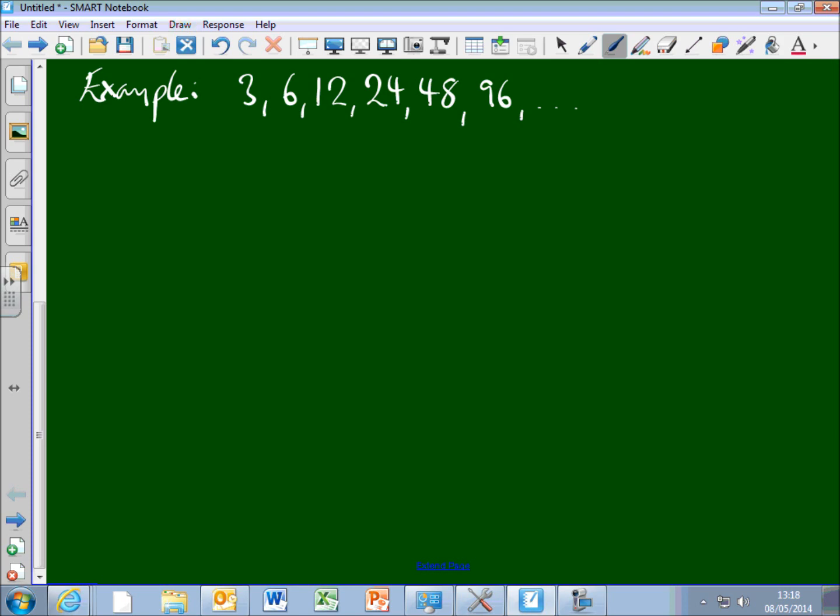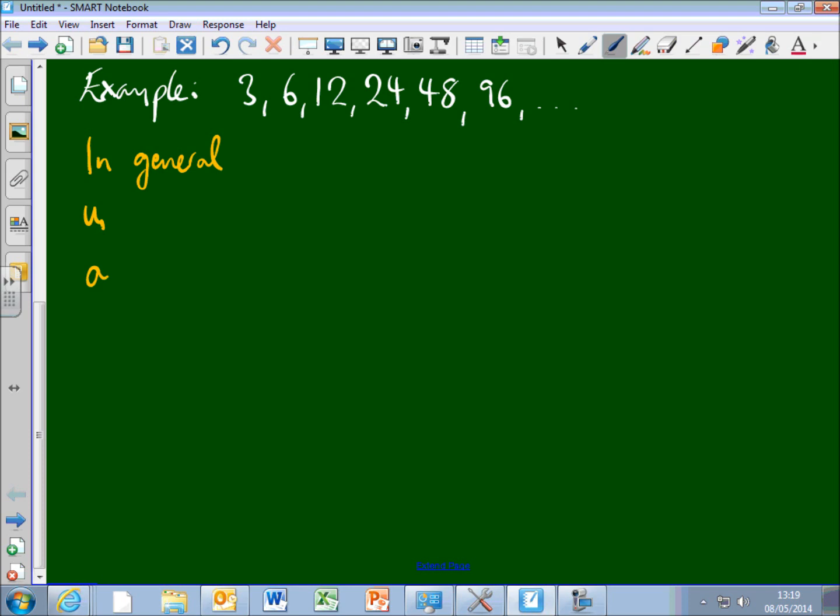Okay, you got it? So if I wanted to write down a sequence, in general, this is how you would generally write these things. The first term in the sequence is A. So I'm going to call the first term in the sequence U1, so it links in with the other notation.